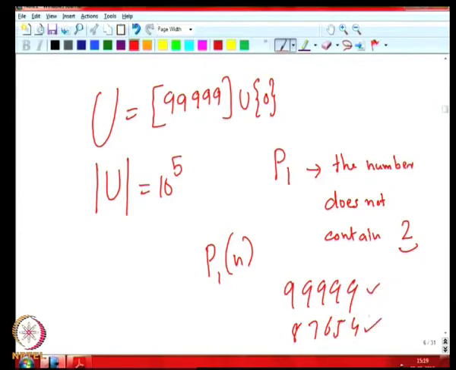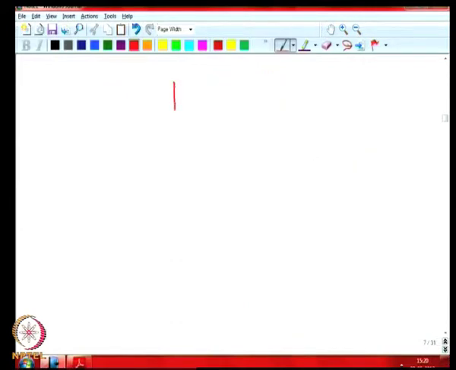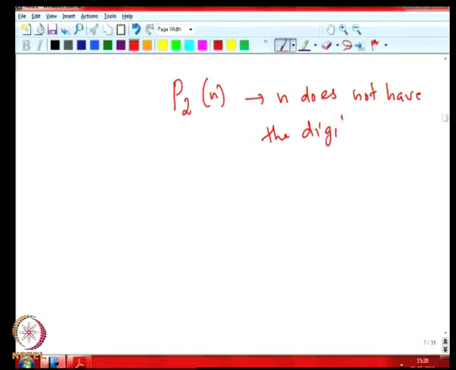All these numbers will satisfy P1 of n because they do not have 2 in them. We are only considering numbers from the universe, 0 to 99,999. Similarly, we will define P2 of n to be the property that the number n does not have the digit 3, right.